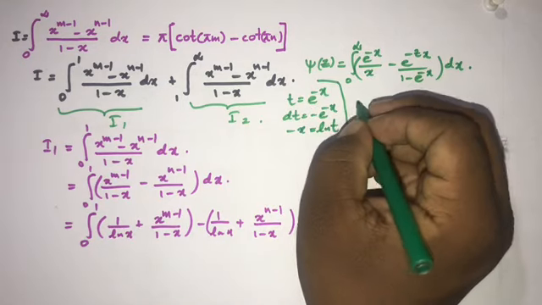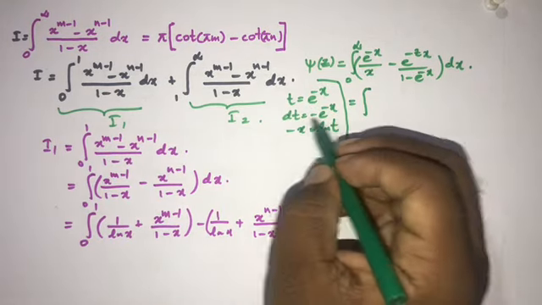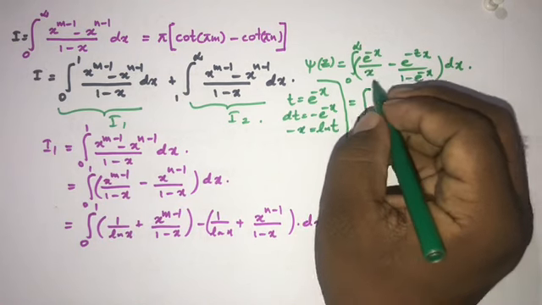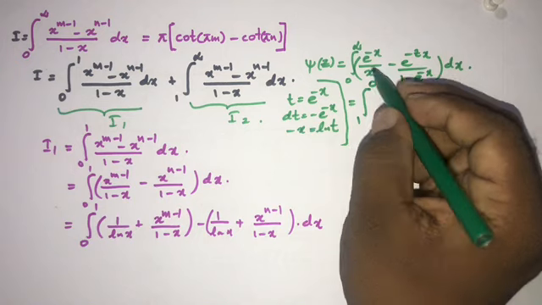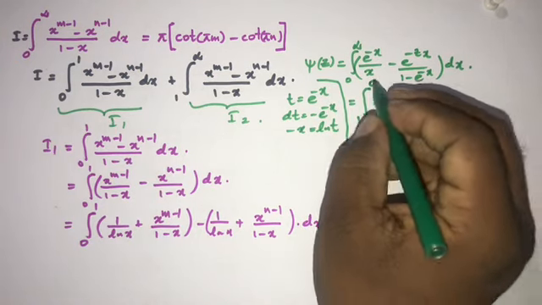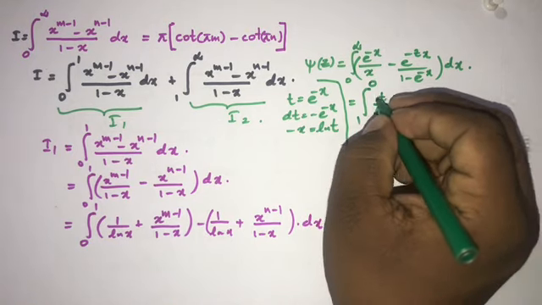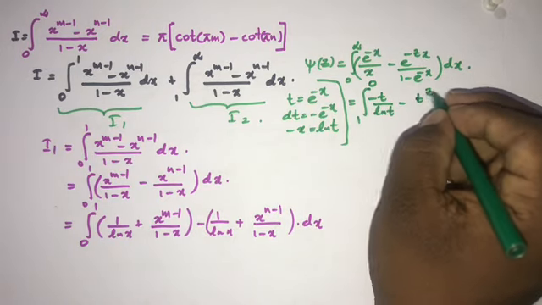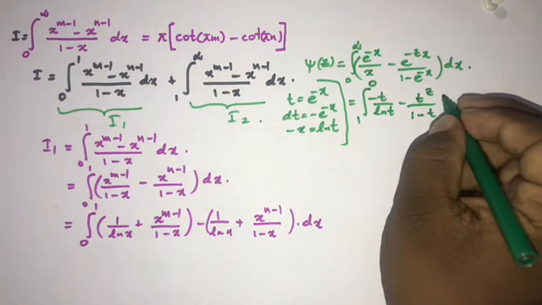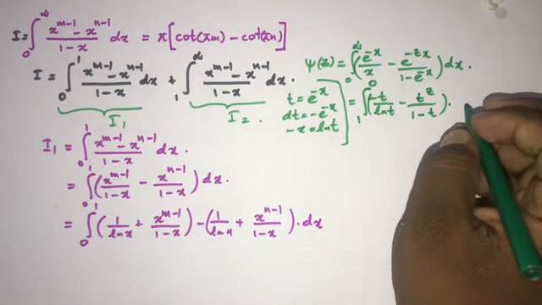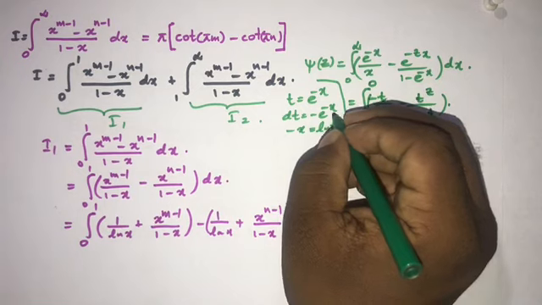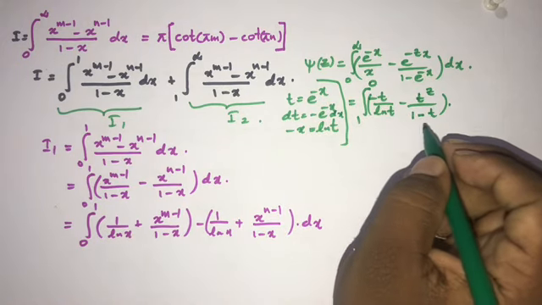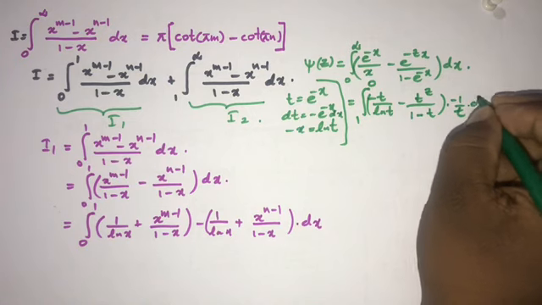Now we know the limit when x approaches 0 gives t equal to 1, and infinity gives 0. Here e^(-x) over x becomes t over minus natural log of t, and e^(-cx) is t^c over 1 - t, and here dx is equal to minus 1 over t dt.